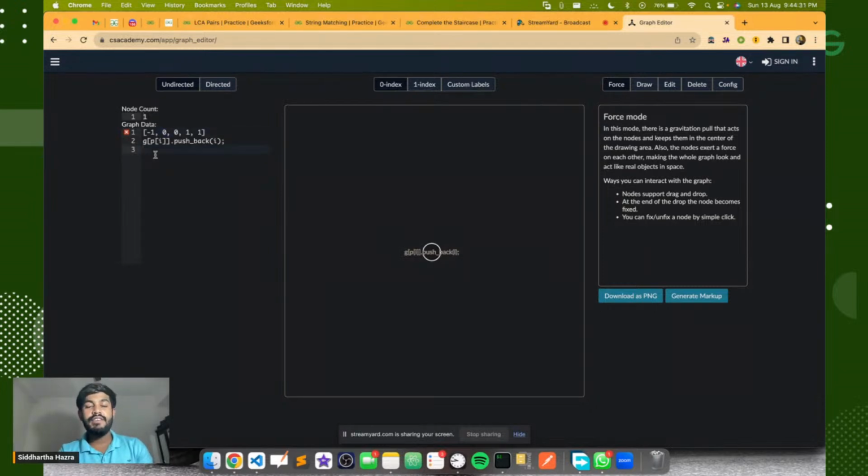So we have an edge from 0 till the value of 1, 0 to 1. Then we have an edge from 0 to 2, see, P of I would come here. Then we have an edge from 1 to 3. Then 1 till the value of 4.